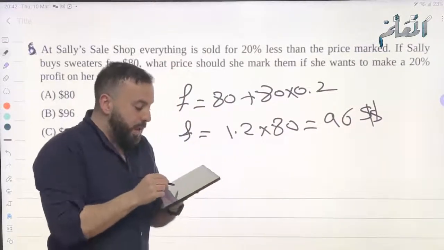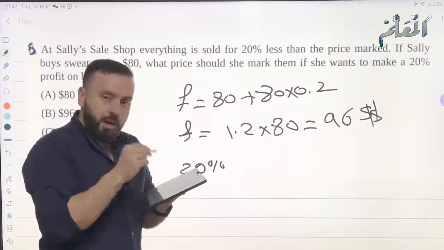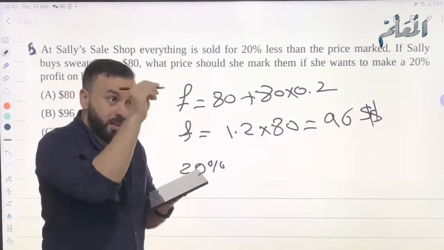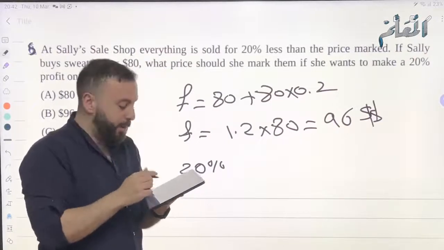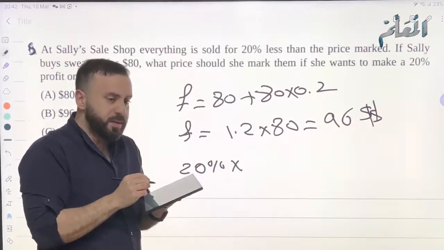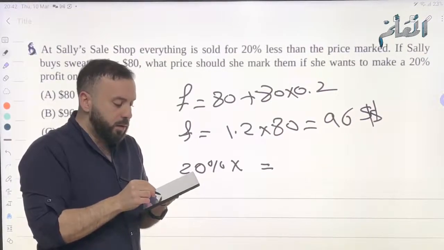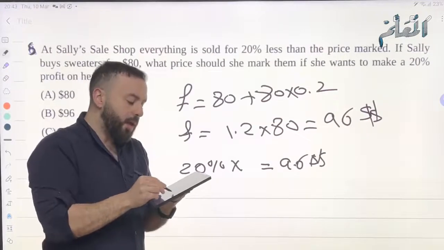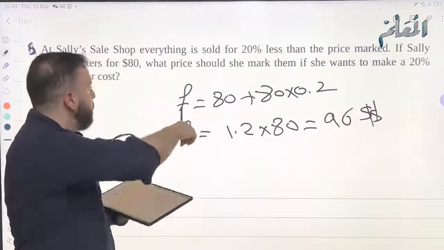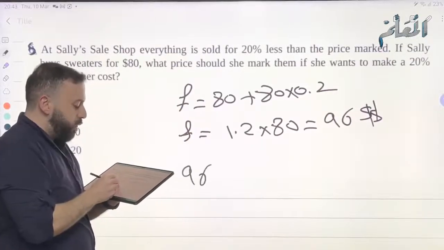So 20% of the price in the question will give me that $96. I'm going to write the same equation. So the final price is going to be $96.